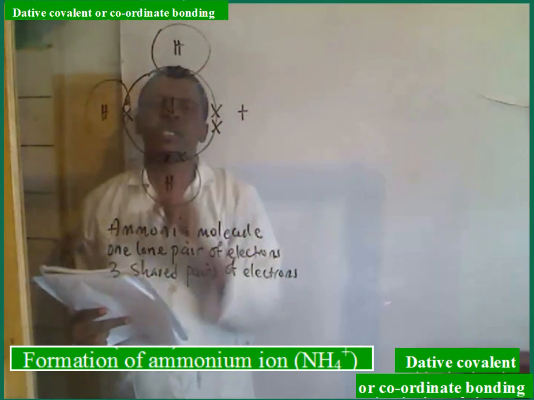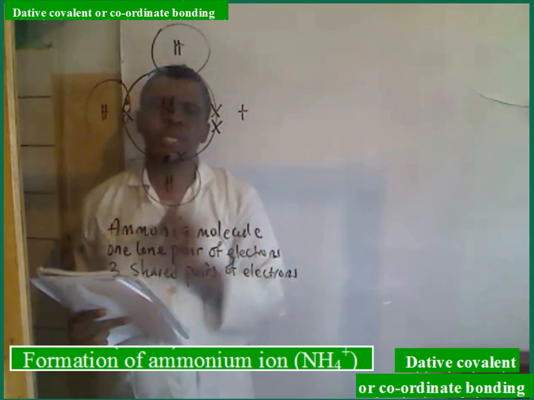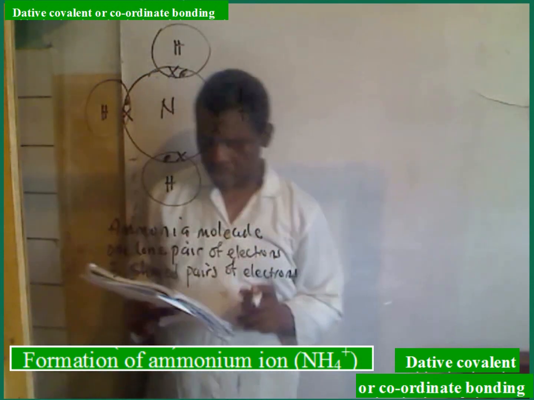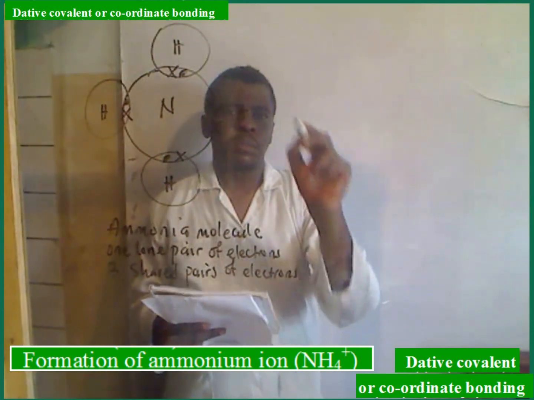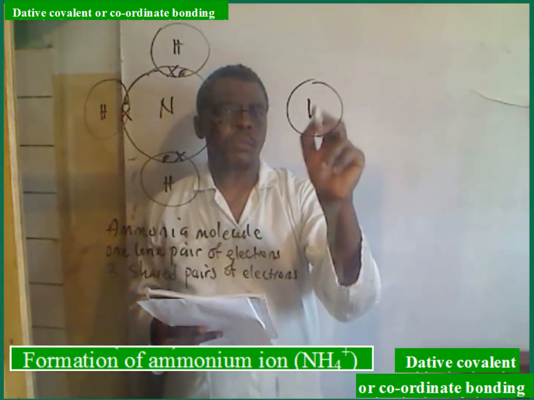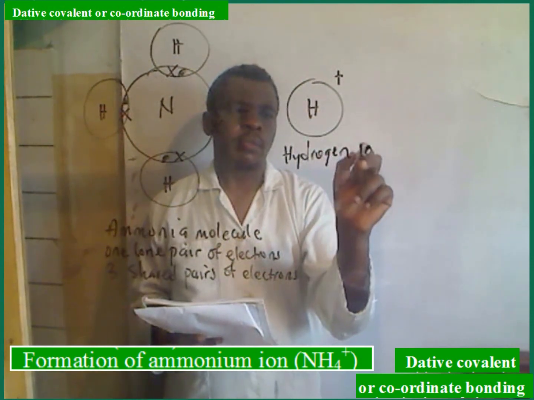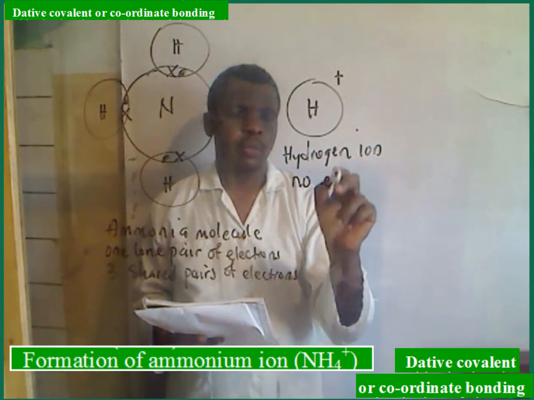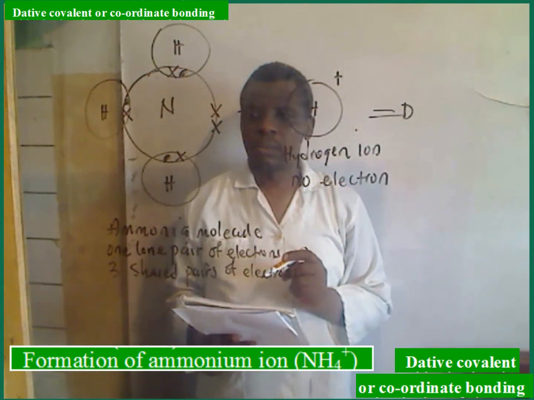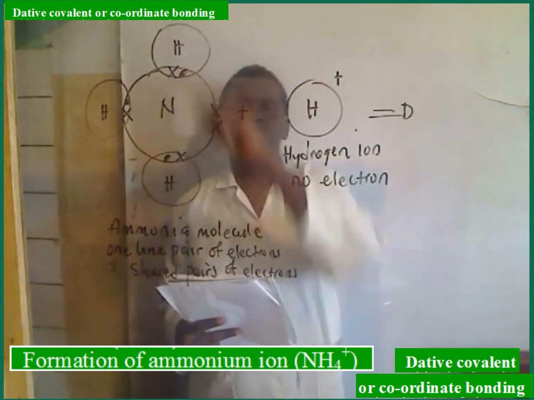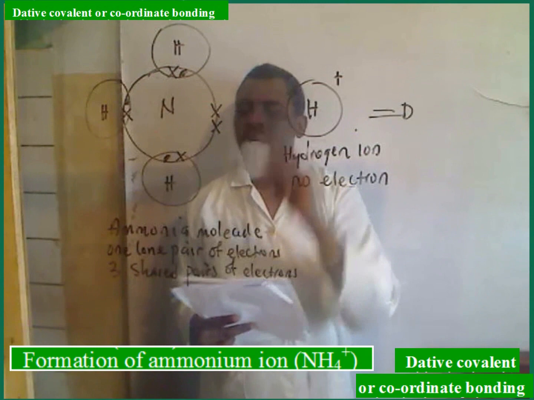This is the ammonia molecule with 1 lone pair and 3 shared pairs of electrons. An ammonia molecule combines with a hydrogen ion that has no electron to give ammonium ion.